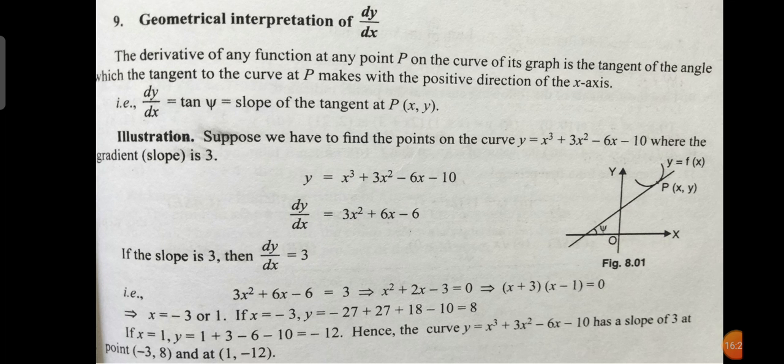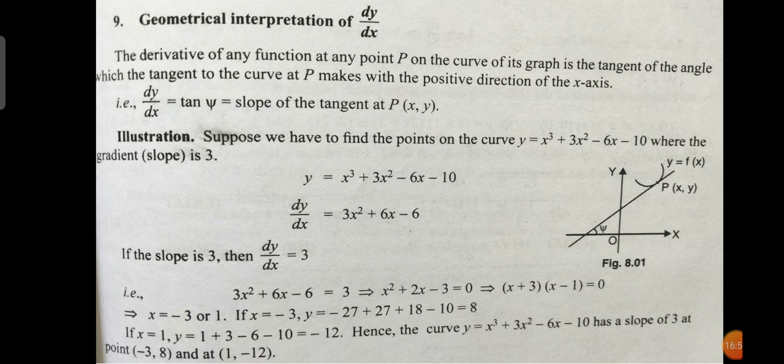Here an example is given. y equals x cube plus 3x square minus 6x minus 10 is the curve, and you have to find the points where the gradient or slope is 3.